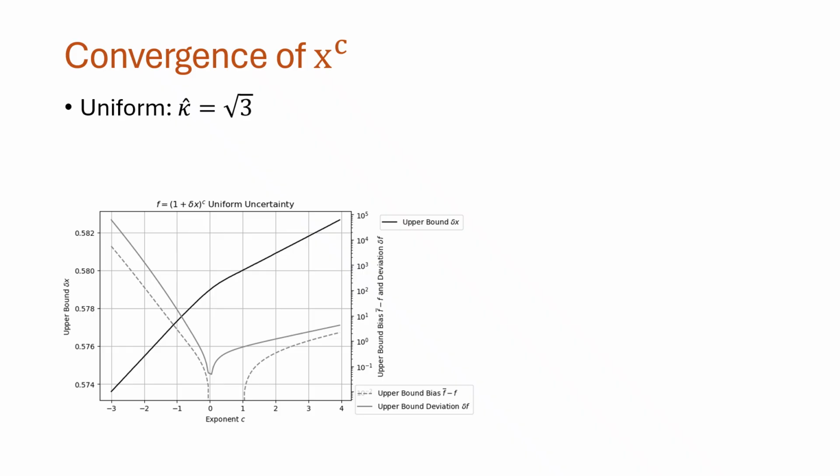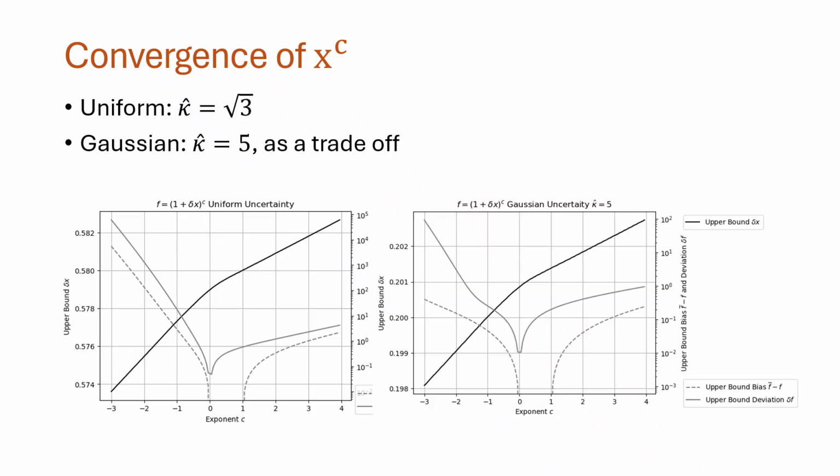Here the x is the exponent. This is kind of expected because when the exponent is negative, the Taylor expansion coefficient becomes larger with the expansion order n. Now, let's look at the Gaussian, and here we choose the expansion range to be 5.